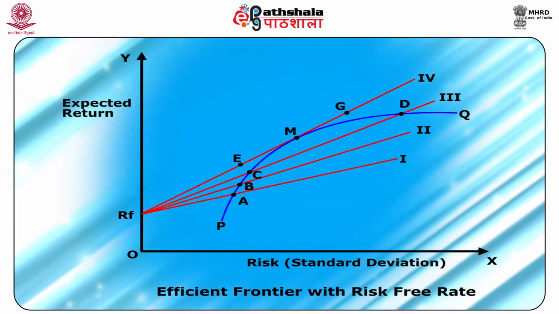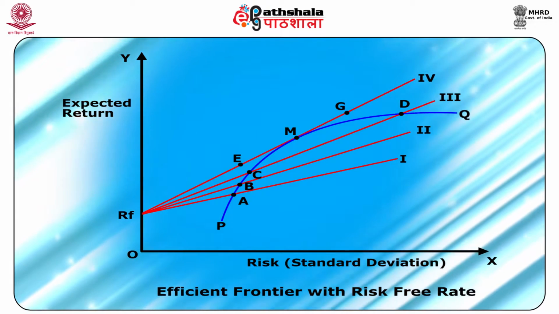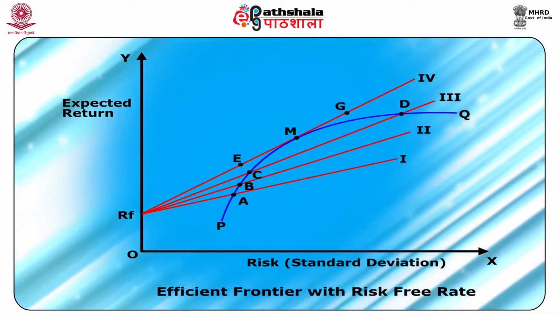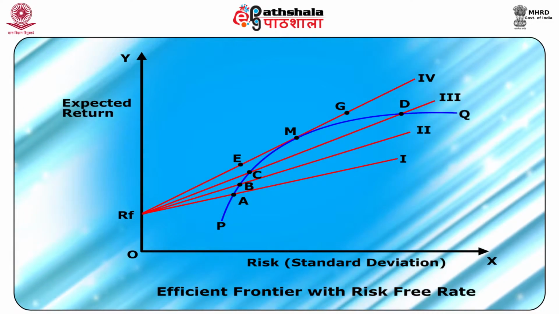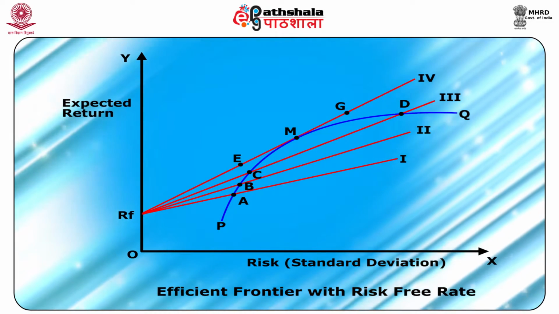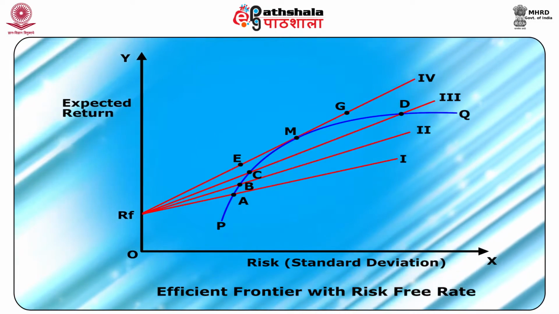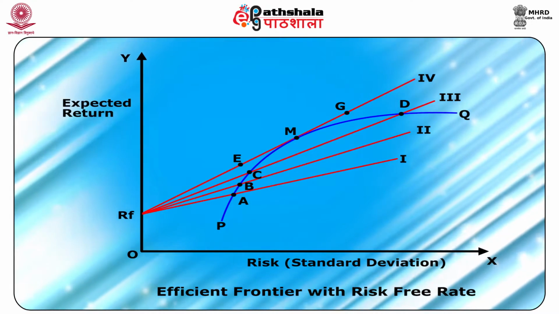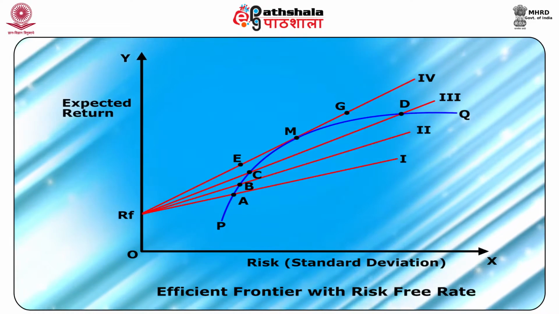Line 4 is tangent to the efficient set of risky securities at point M. It provides the best possible opportunities to the investors. It is clear from the figure that line 4 dominates all the other lines. Also, any point on line 4 is superior to the points on PCQ.